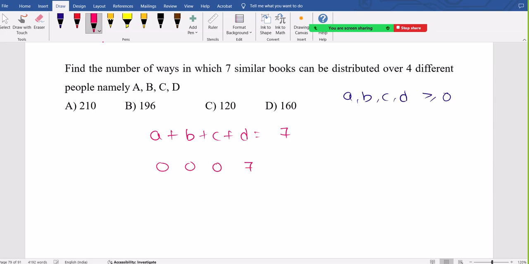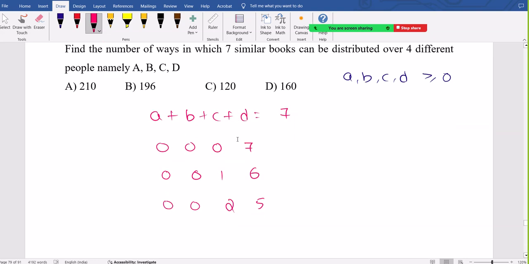This is one thing. Then minimum 1 is involved, I can go for 6 with 2 zeros, 1 6 and 2 5, with all 3 zeros 1 7, right? With 2 zeros, 7 will be there. It can be 1 6, 2 5, 3 4, 4 3, again for this shuffling we can write, that's not a problem. With 2 zeros, if it is 1 0, I want 7, means 1 2 4.